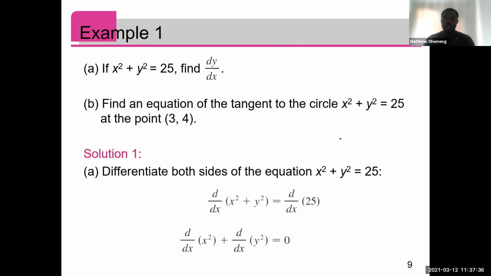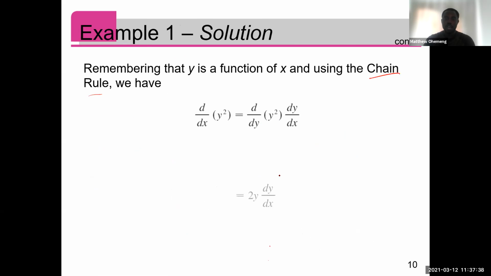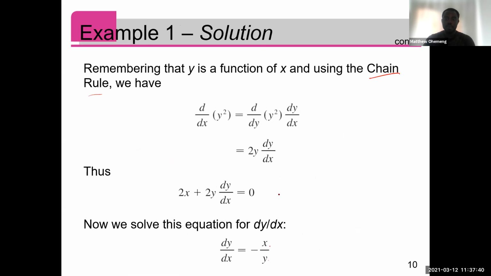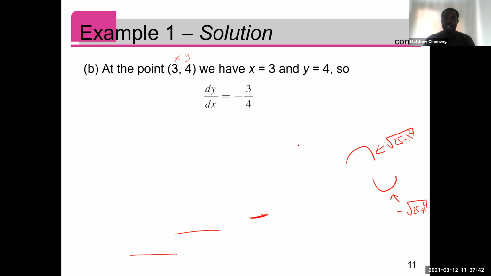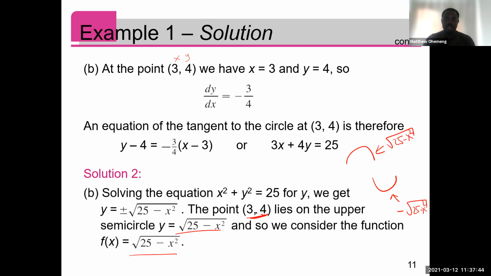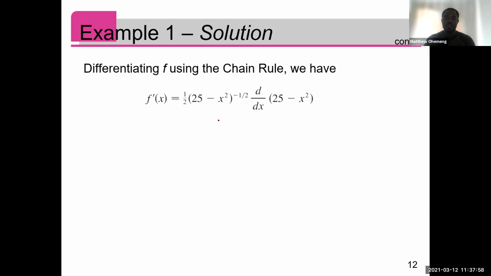So when you have an explicit solution, you just have to check where the point 3, 4 lies. It lies on the upper one, the square root of 25 minus x squared. So you're using this function, and you just check its corresponding derivative, which we obtained earlier on. Now that you have the derivative, you can plug in the point.